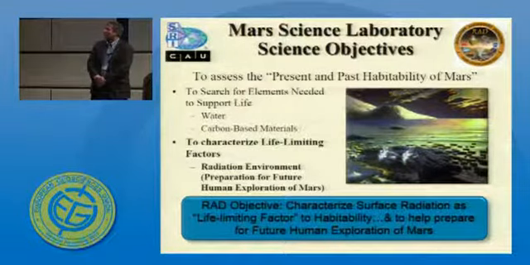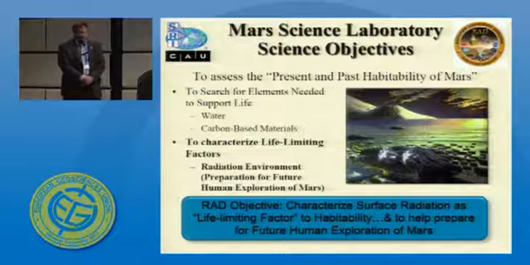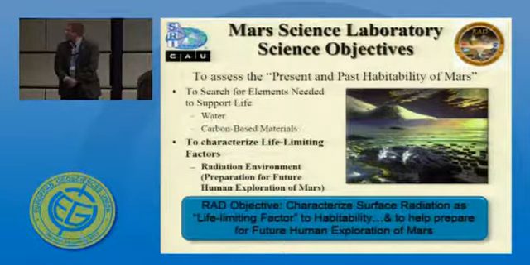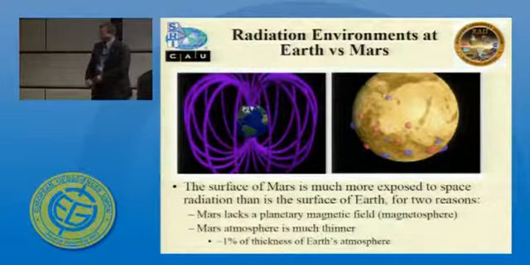And clearly, the radiation environment is one of those. It also has relevance towards human exploration, because if we're going to send humans to Mars in the near or mid-term future, we need to know what the environment is and what to expect. So RAD is very relevant to the MSL mission, to its primary objectives, as well as to the human exploration objective.